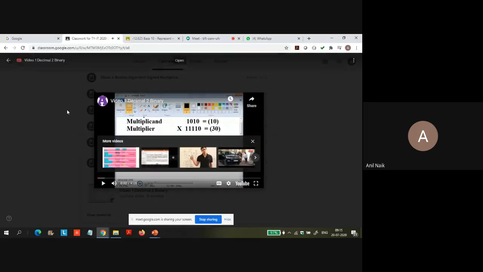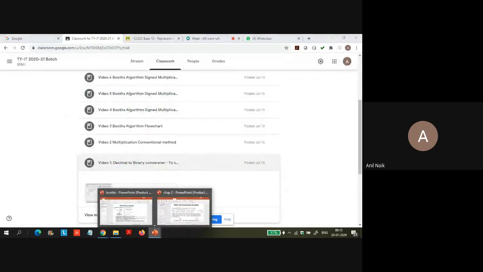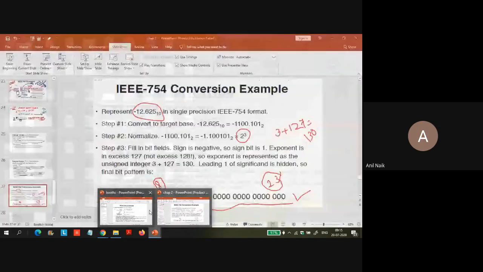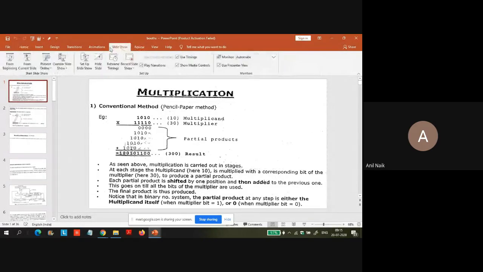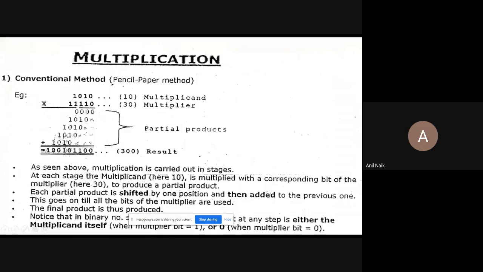You just go through that. In Booth's algorithm, what we study is a high performance multiplication algorithm.